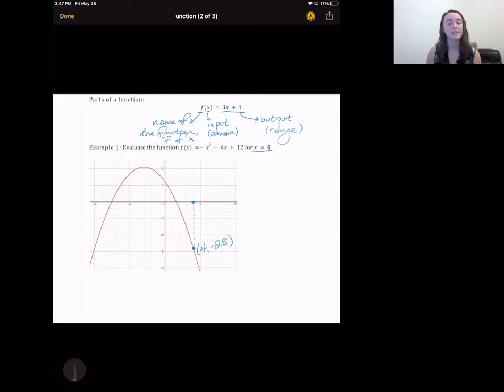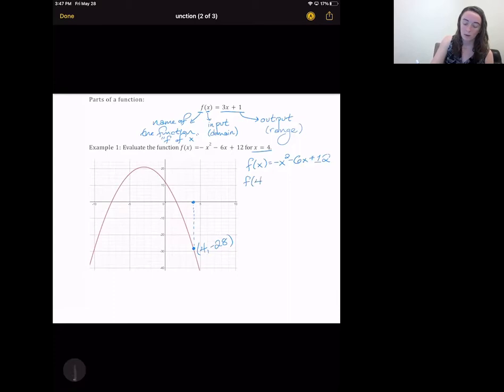We can also do this algebraically by plugging our input into the function. So we have the function f of x equals negative x squared minus 6x plus 12. And we want to evaluate this function at the input x equals 4.